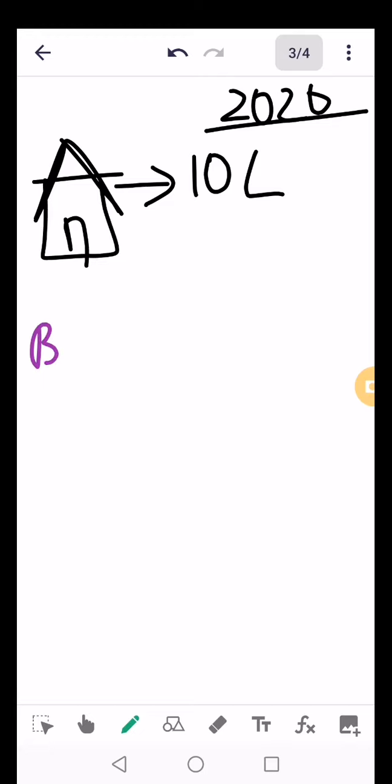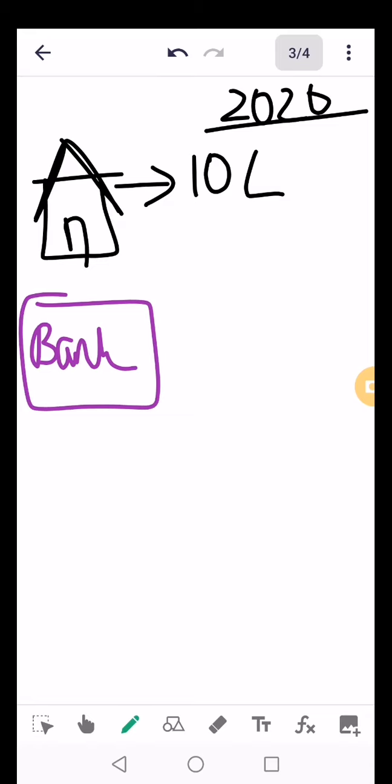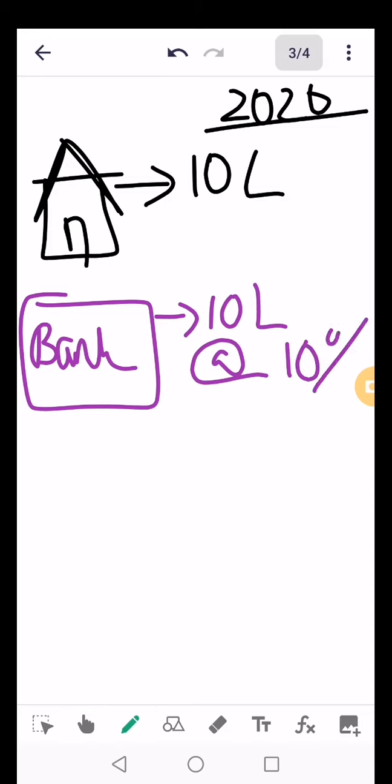I go to the bank and tell the bank that I want 10 lakhs to buy this house. They provide me 10 lakhs at a rate of interest of, let me say, 10%. This is what the bank says.